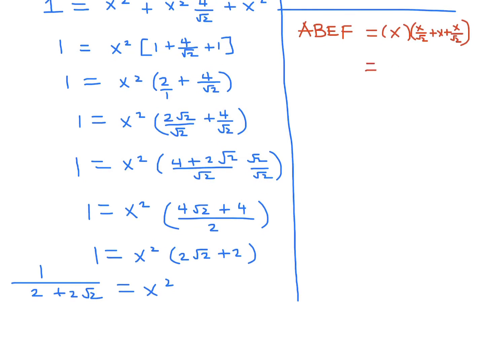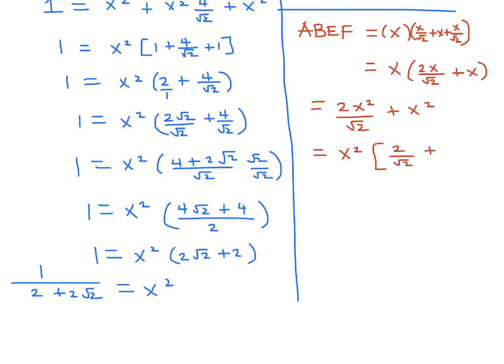So this becomes x times 2x over root 2 plus x, and multiply this out, and we get 2x squared over root 2 plus x squared. Factor out the x squared, and that will just give you 2 over root 2 plus 1, like that.